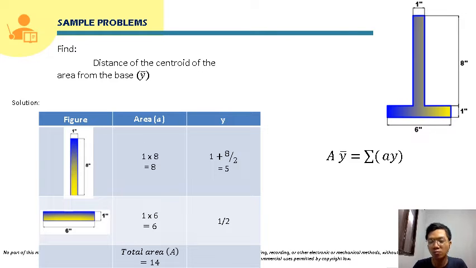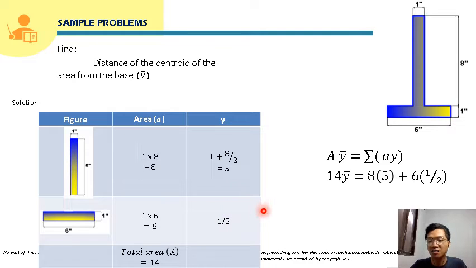So applying our formula, A y bar is equal to summation of Ay. Okay, so our total area is 14 times y bar, and then equal to the summation of all the areas times its equivalent y coordinate. So that will be 8 times 5, and then 6 times 1/2.